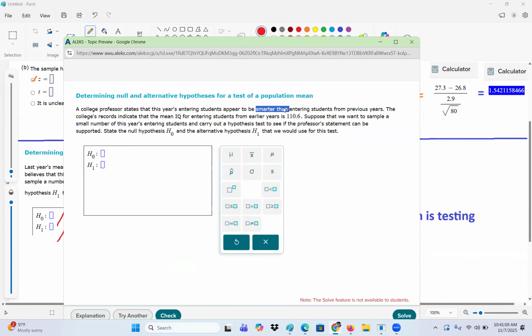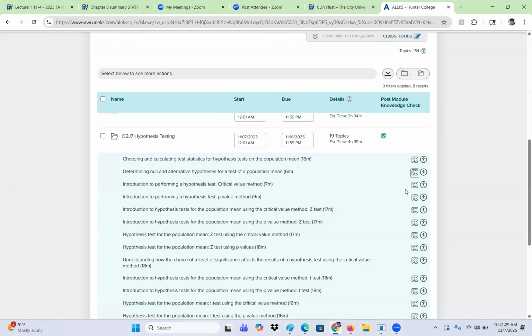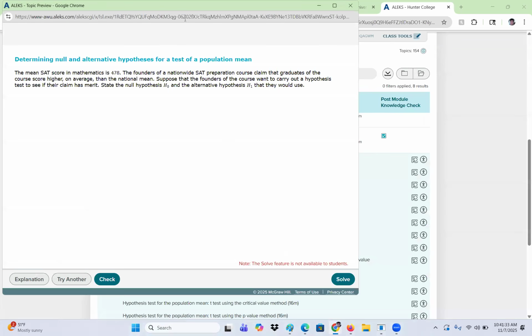So the keyword is smarter, so we have to be greater than that in terms of the IQ test. So we're going to put the mean was greater than 116. And then we just do the same thing. So the top is just equal. Since the questions are always similar, I'll just do it a little quickly.